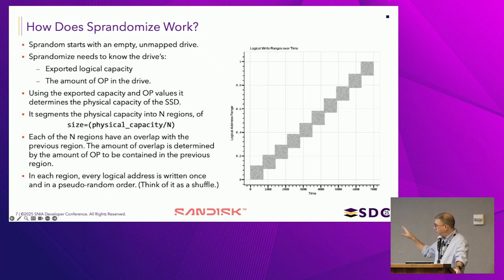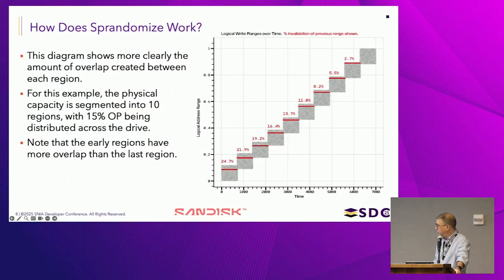So the sum total of the gray areas on the right would represent the physical capacity of the drive. And then along the vertical axis, we have the logical capacity of the drive. And what we are doing here is having a little bit of logical overlap from each write region to each write region.